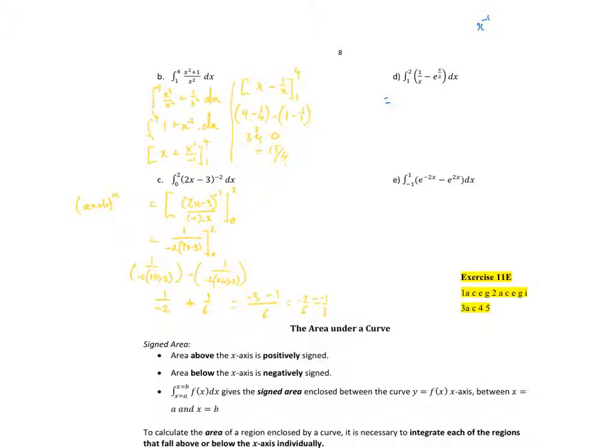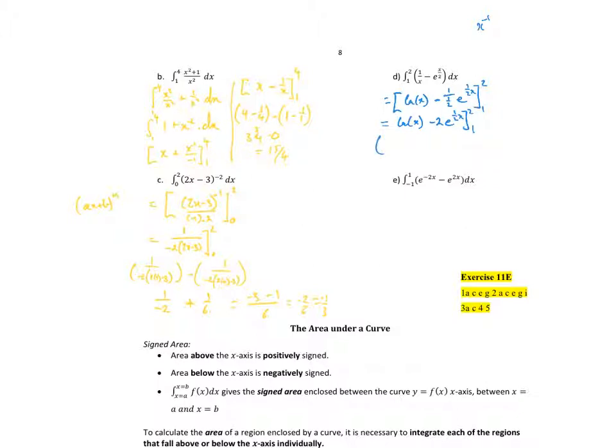So that's going to be natural log of x minus, now we've got k out the front, so 1 over a half e to the half x, between 2 and 1, which is equal to the natural log of x minus, 1 over a half is 2, so 2e to the half x, between 2 and 1.